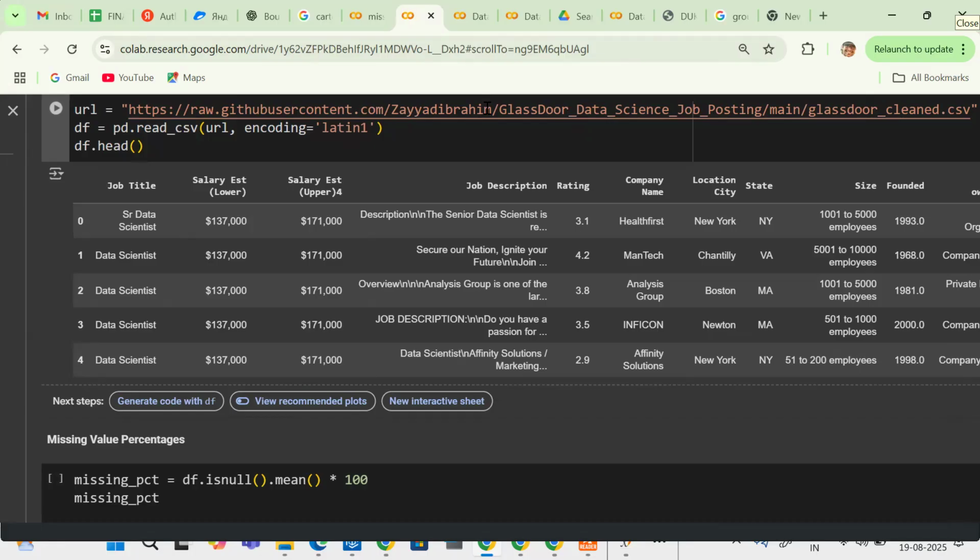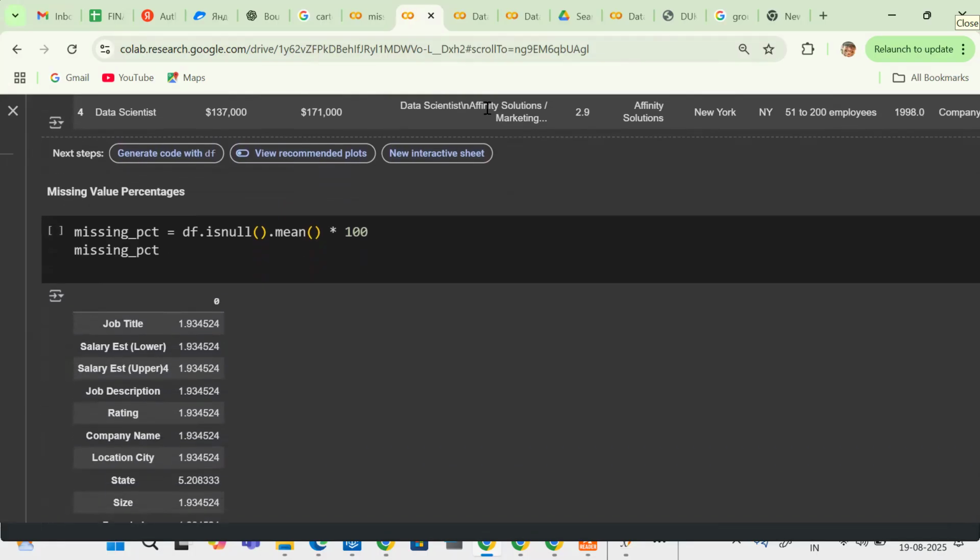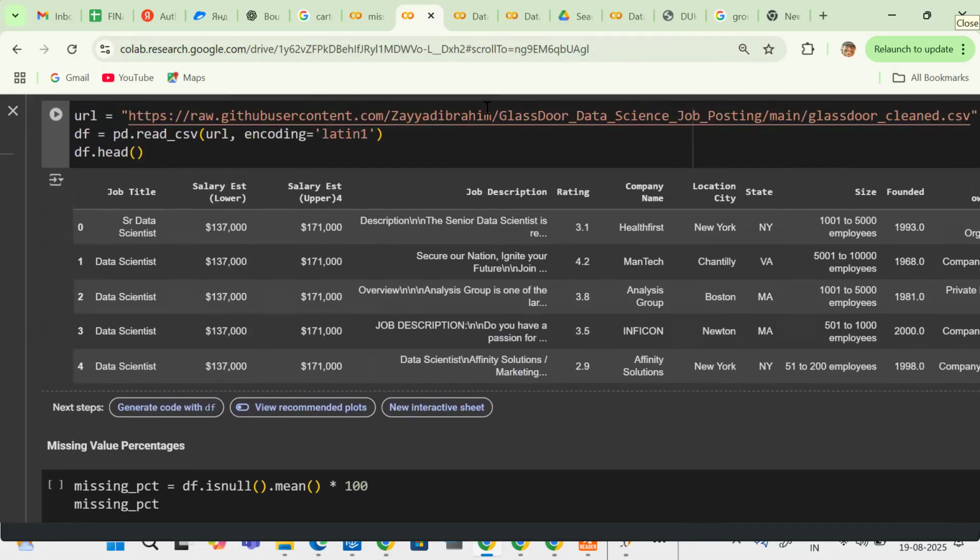Let us see a bit more. You see how many columns are there and what kind of columns are there? Job title is there, salary estimate is there, upper and lower, job description, rating, company name, location, city, state, size, founded, private or public funded, those things are there.